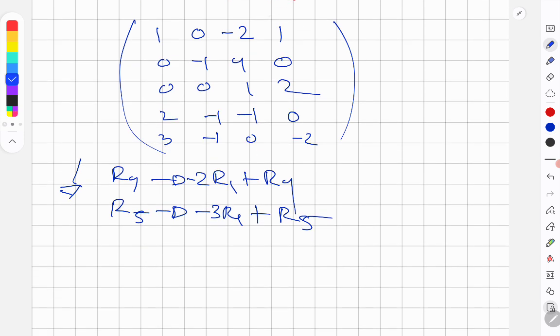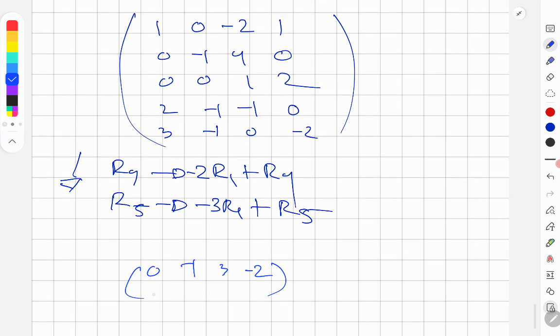I'm just writing these two parts. This one will be 0, this one will be 0, and this one will be -1, and this one will be 4, then -1, 1, 3. And this one will be -2, 0, -2.